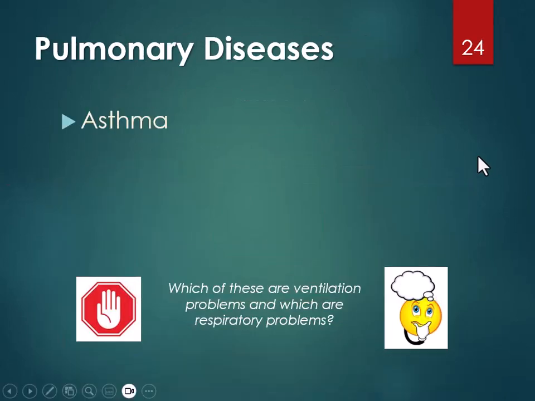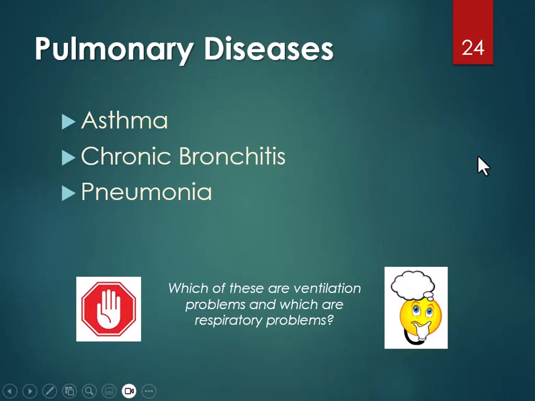Okay, pulmonary diseases include asthma, chronic bronchitis, and pneumonia, and emphysema. You might have heard of some of these. Asthma and bronchitis are both ventilation problems. The tubes just get clogged up either with mucus or inflammation. We have medications to treat these, of course, but they're not necessarily curable.